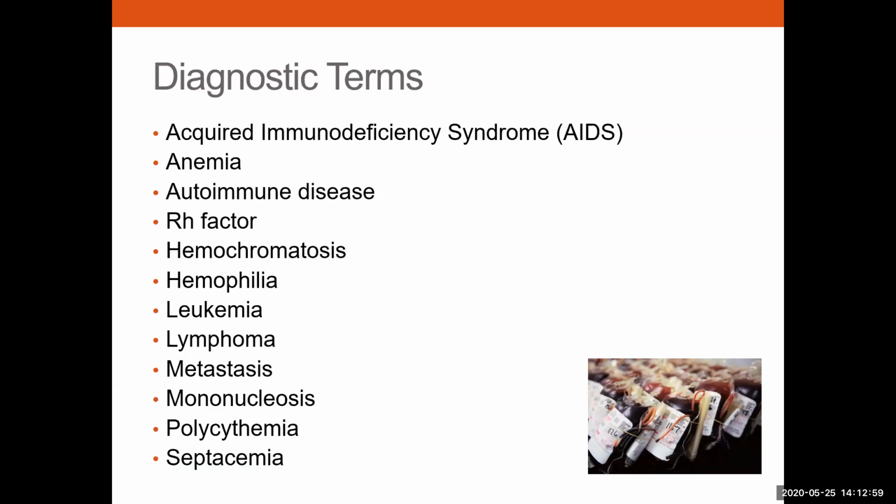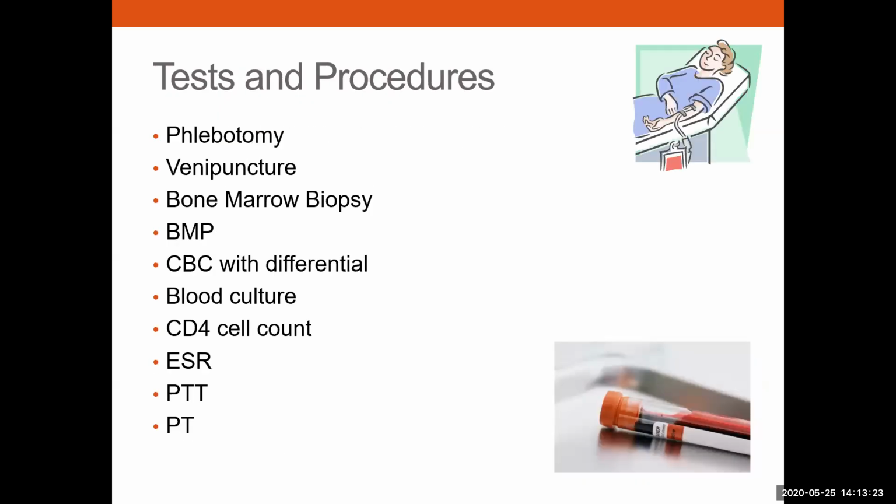A person is often tired and has a sore throat. Polycythemia is an increased number of erythrocytes and hemoglobin. So the person often presents with a red face. Septicemia, that's also spelled wrong, should be SEPTI, is a systemic disease. Systemic means throughout the body, whether you have bacteria or an infection in your blood.